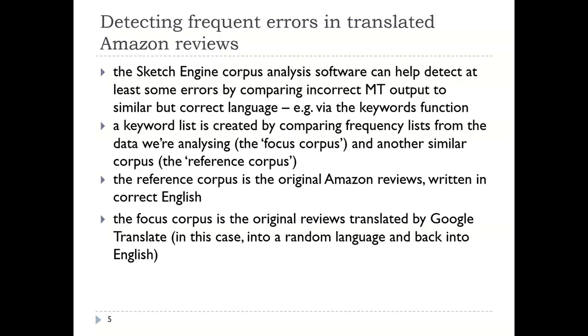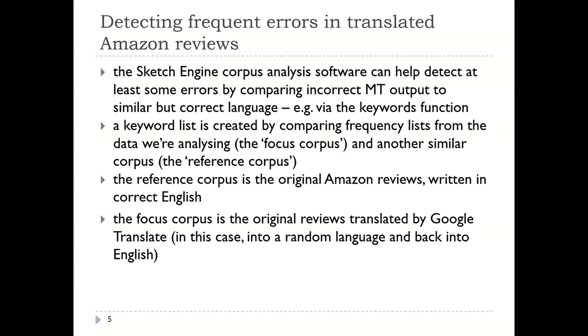Now, in this software, a keyword list is created on the basis of two frequency lists. One for the correct version, the original version, and the other for the translated version. Now, these two collections of text, or corpora as they're sometimes referred to, are known as, first of all, the focus corpus, and that is the corpus that we're interested in analyzing.